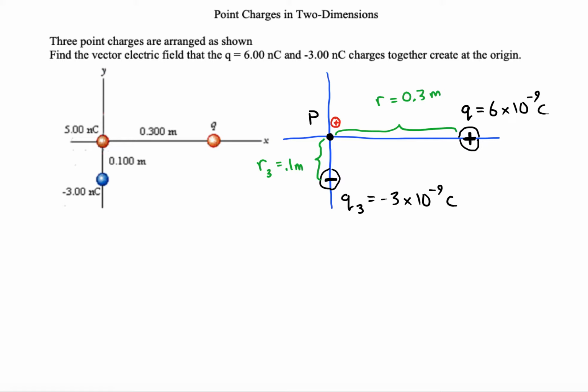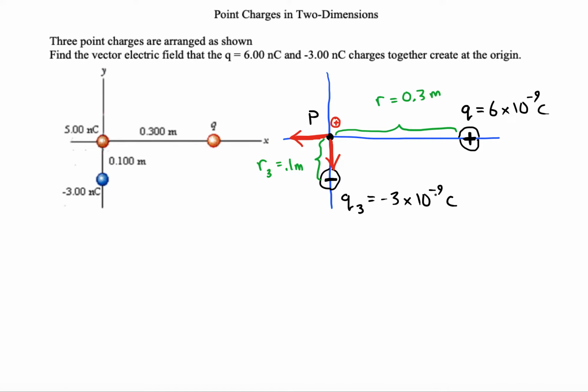That's going to be the direction of the field contributions. So positives are repelled by other positives. That means that there will be a contribution from Q, which points to the left. But positives are attracted to negatives, which means there'll be a contribution to the field due to Q3 that points downward.